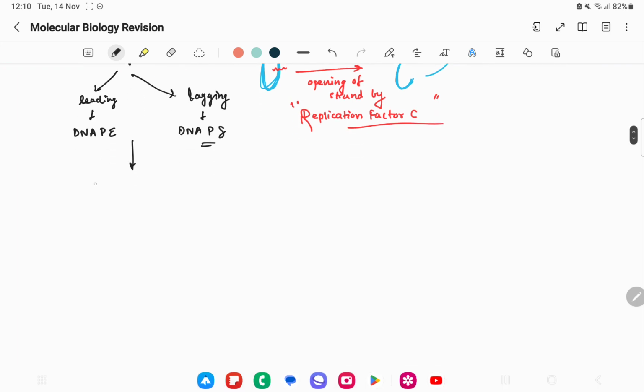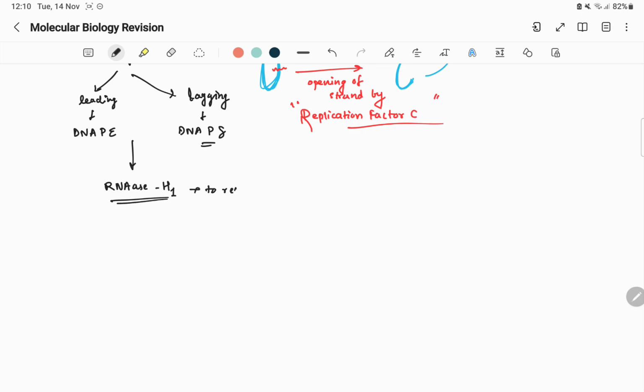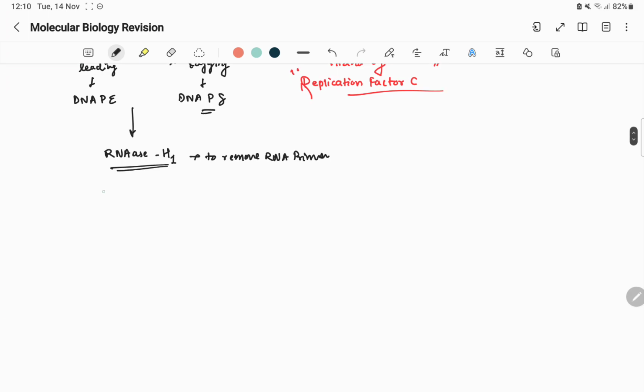Afterwards, after synthesis of the DNA, we have to remove the RNA primer. So RNase H1 is used to remove the RNA primer, but the last nucleotide of the RNA primer is retained.